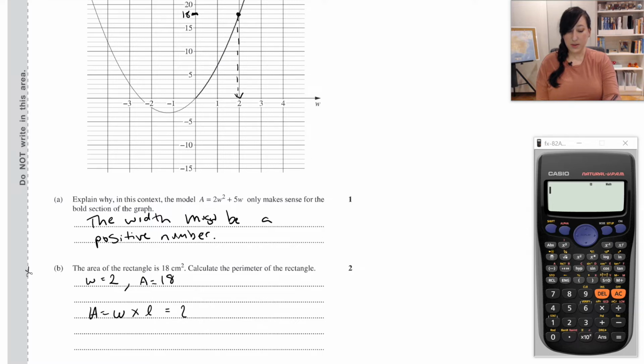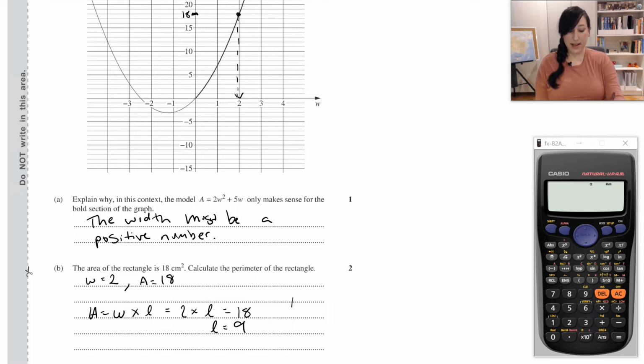If the width is 2 and we want to know the length, we can work it out since we know that area is 18. So the question becomes, 2 times what is 18? We can solve the equation by dividing by 2, or maybe you know that 2 times 9 is 18. So the length must be 9 then.